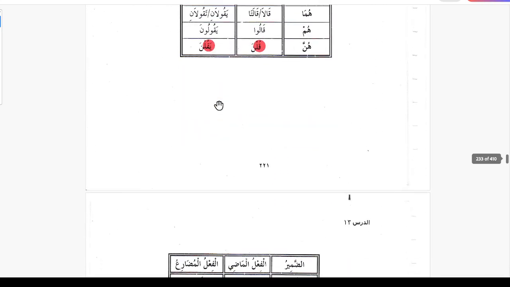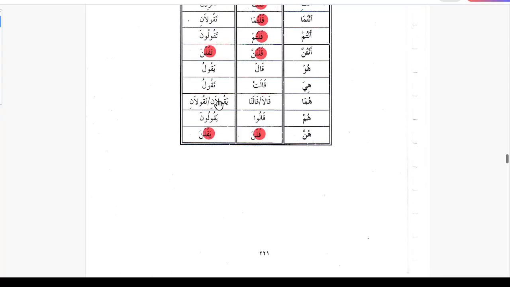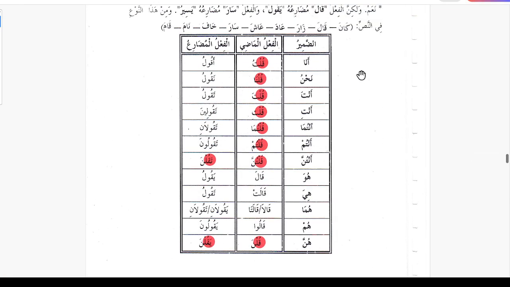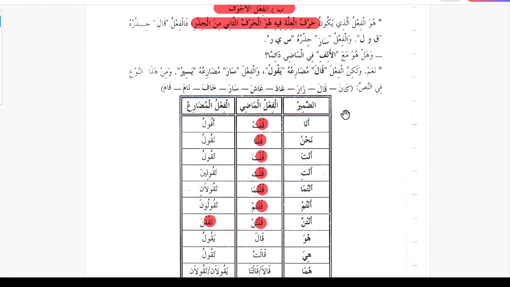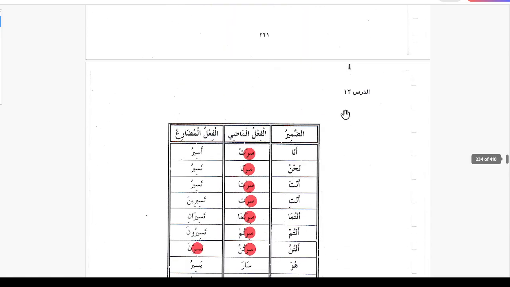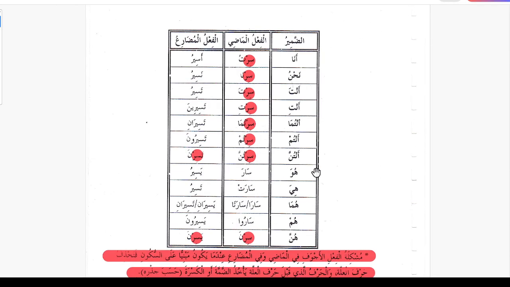Here we have another example, Sara, because kala was actually with the waw. So we have another example here for conjugation. Let's start from the third person: huwa Sara, huma Sara, hum Saru, hiya Sarat, huma Sarata, hunna Sirna. Second person: anta Sirta, antuma Sirtuma, antum Sirtum, anti Sirti, antuma Sirtuma, antunna Sirtunna, ana Sirtu, nahnu Sirna.